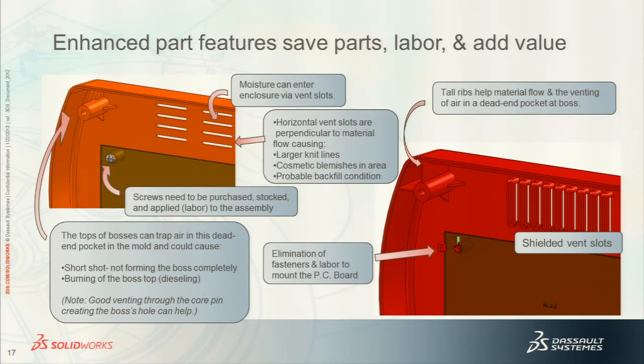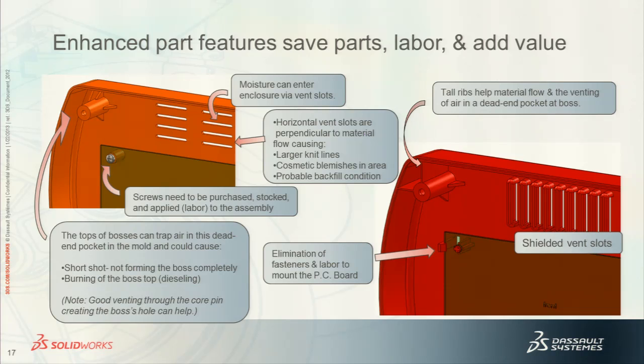Also, on this design here, I show where I have ribs going up to the top of the boss and the top edge of the part versus the boss just dead-ending at the end of the boss like it is here. One of the issues that you can have with a boss that's freestanding like this without any sort of interface with the outer edge, which is your parting line, you can trap air inside a dead-end mold feature that would create your boss.